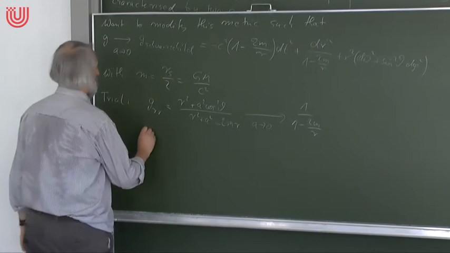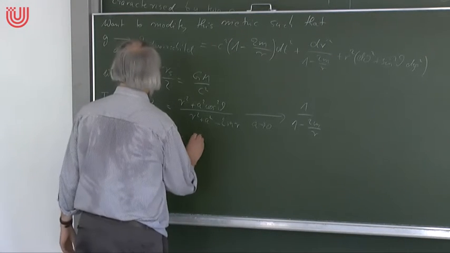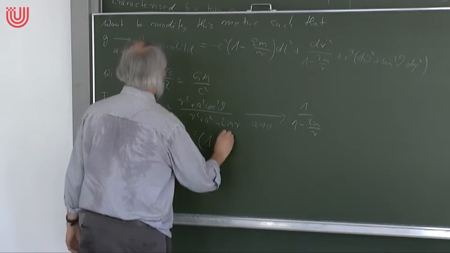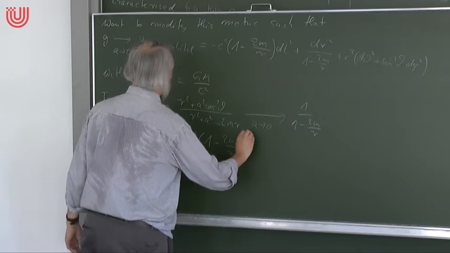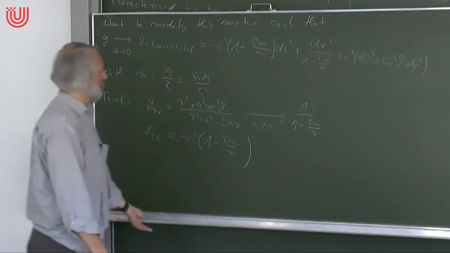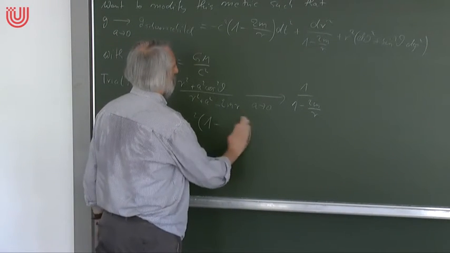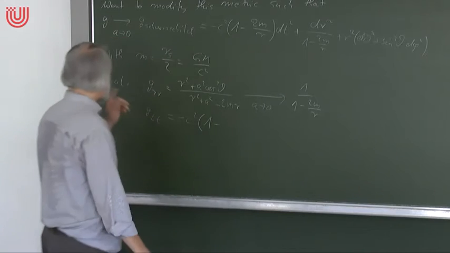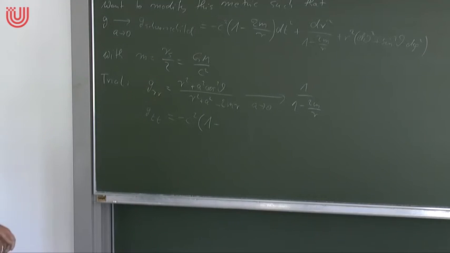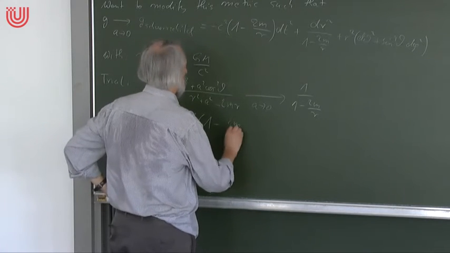What about the g_tt? Maybe the easiest ansatz would be to write it in this way. No, wait a minute. What do we want? Oh yes, it would work, because there's no a in it.